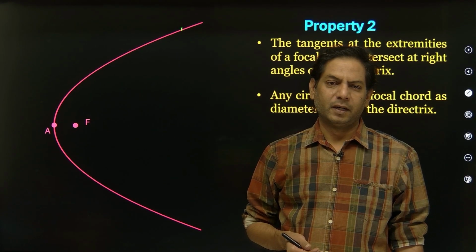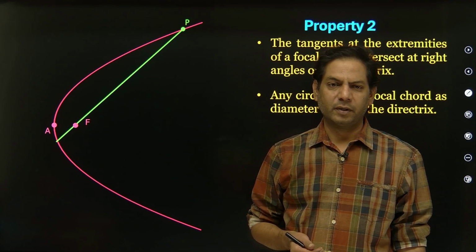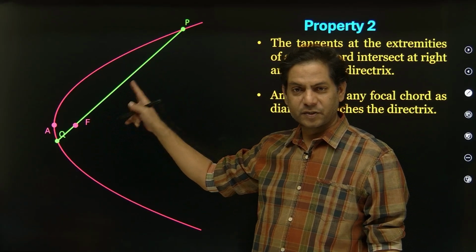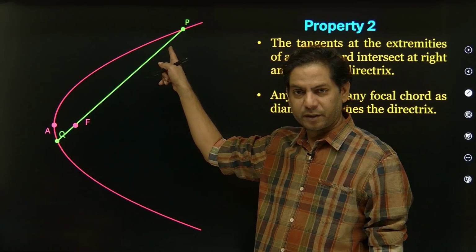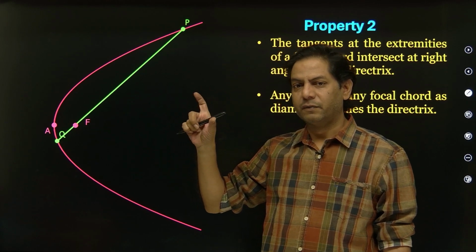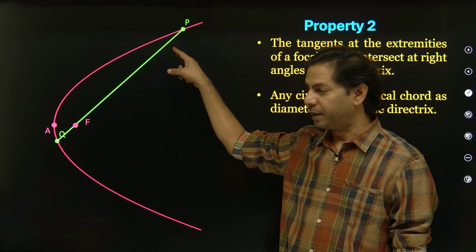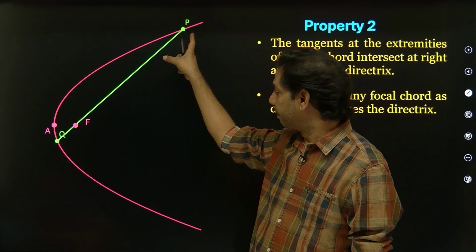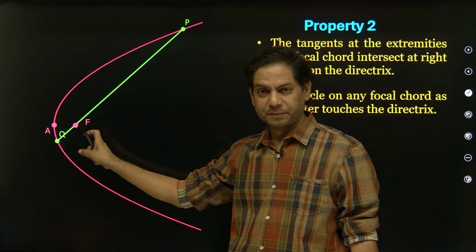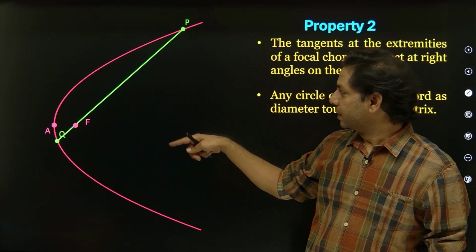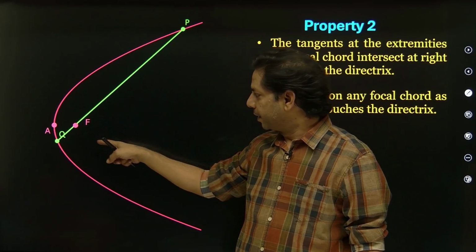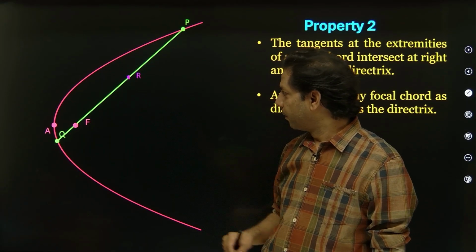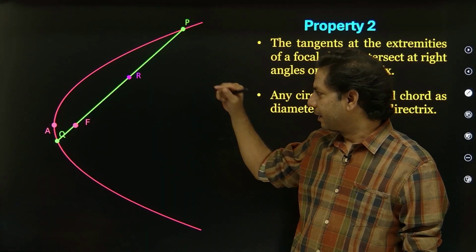Again the parabola and PQ, the focal chord. Now this part FP, that is the line segment joining the focus to the point on the parabola, is called the focal radius of this point P. So this segment is the focal radius of point P. This is the focal radius for point Q. If we draw a circle on this focal radius of point P as diameter, then what about that circle?